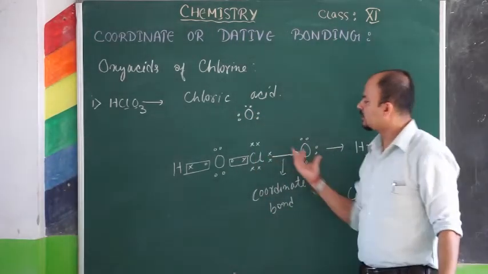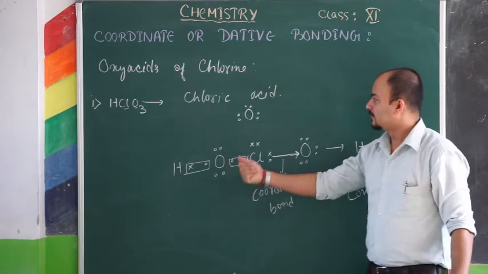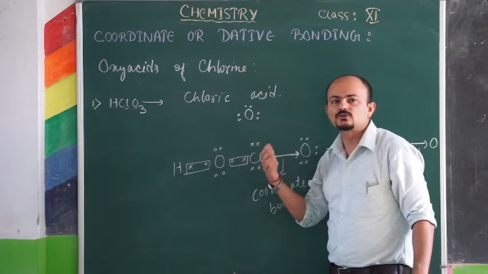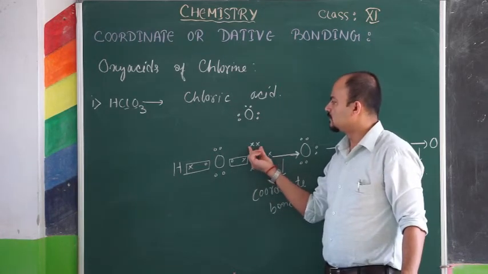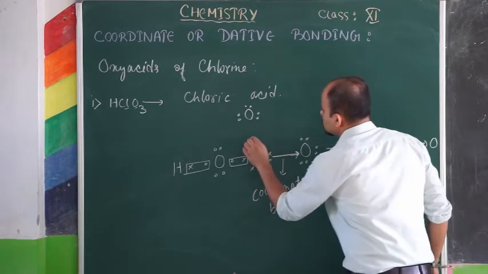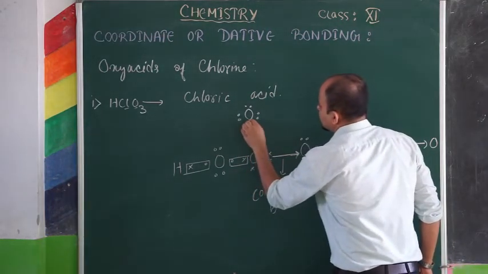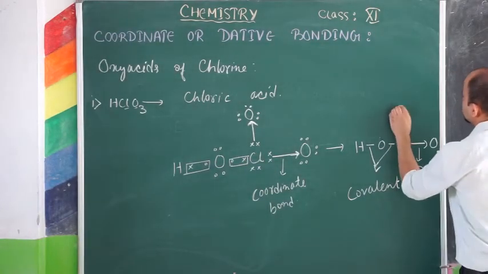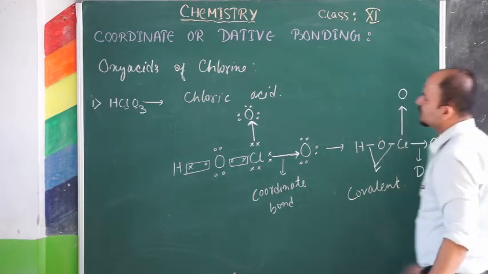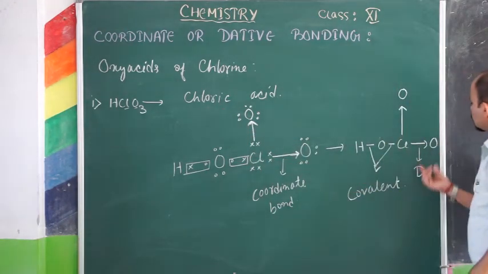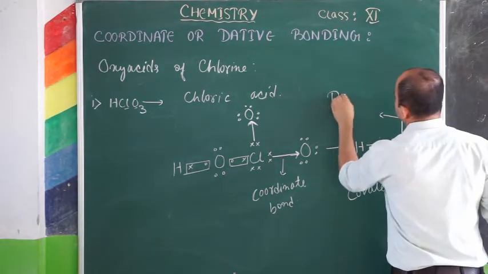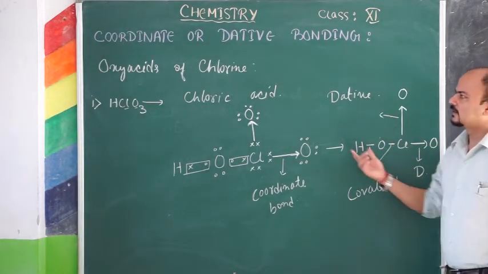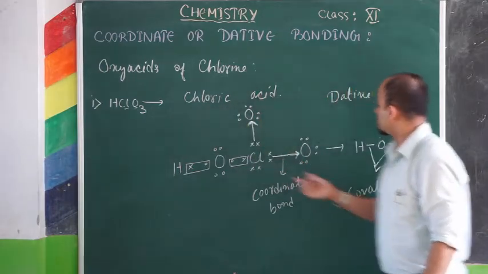The rest of the bonding is the same. Now these 2 electrons, which are present as a lone pair over chlorine, will now be used in bond formation with this oxygen atom. And this results in the formation of a dative bond. So here we have 1 more dative bond in case of chloric acid. Here you have 2 dative bonds. This is a dative bond or coordinate bond. So in case of chloric acid, you have 2 dative bonds.